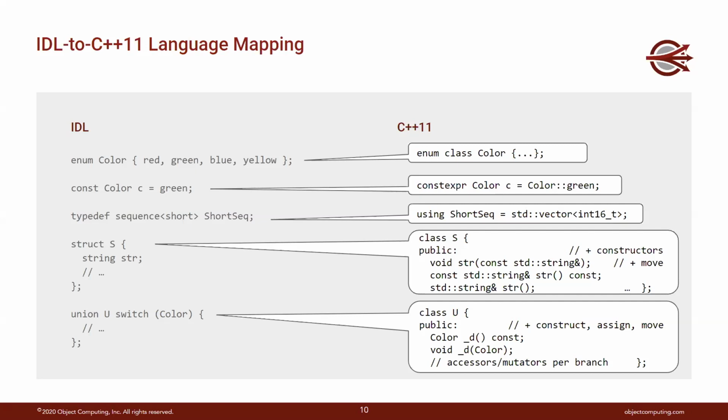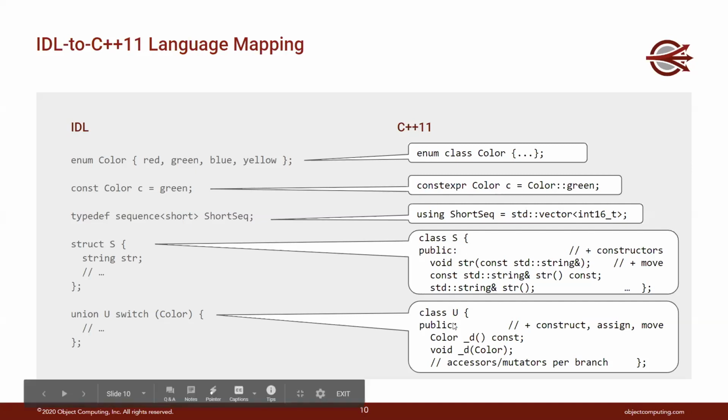So if you enable this option in the code generation, you'll get what should be a much easier to use mapping, in the sense that standard vector is used for sequences, standard string is used for strings. Structures have a C++ class with a defined public interface, as do unions.